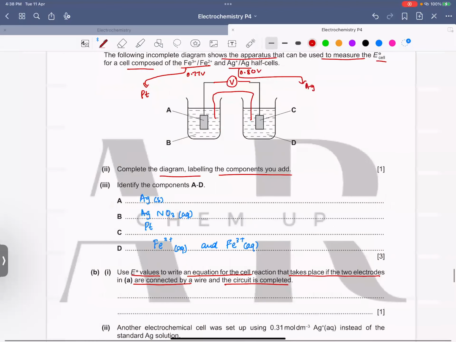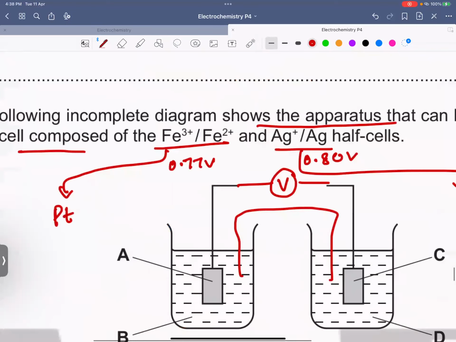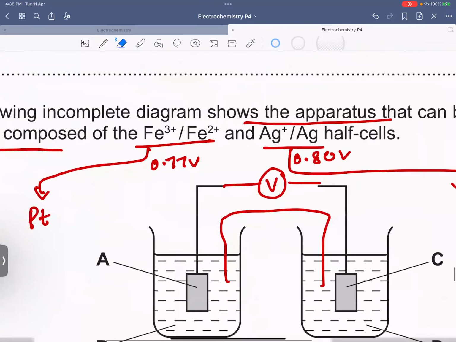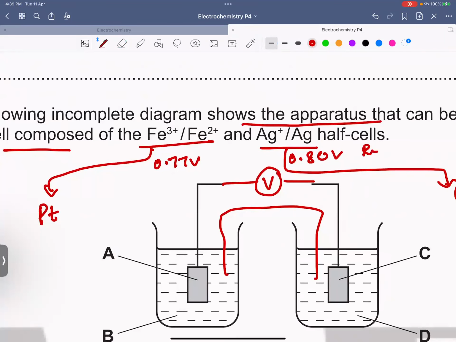Compared with the previous cases we did, where we had to decide the species very carefully, in this case we have both species from each half equation. So we just see the values and figure out which one is undergoing reduction and which one is undergoing oxidation. You don't even need to see the data booklet. Silver would undergo reduction and iron would undergo oxidation.